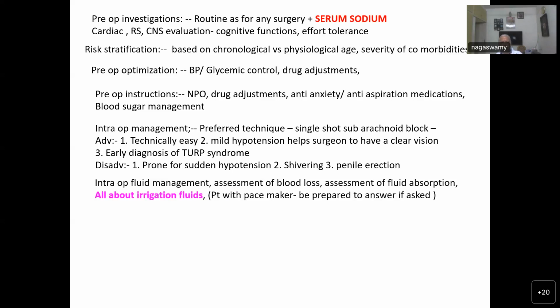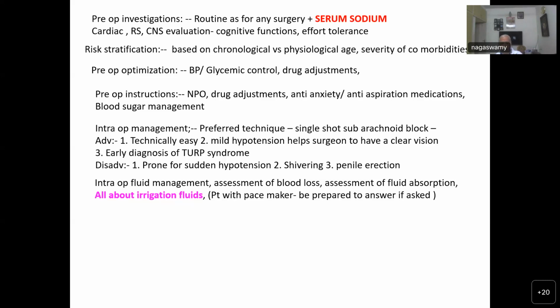And intraoperative fluid management, that also you have mentioned correctly, not to hydrate the patient too much or preload the patient. And assessment of blood loss, assessment of fluid absorption using the formula. And you must know all about the irrigation fluid, various types.